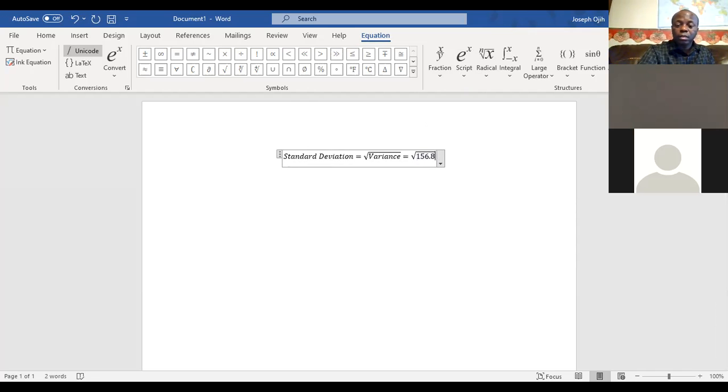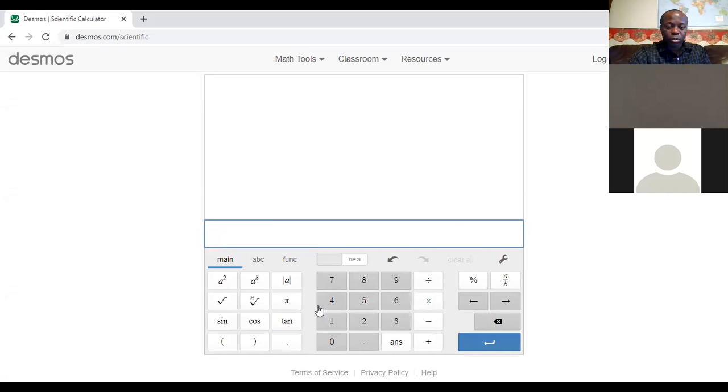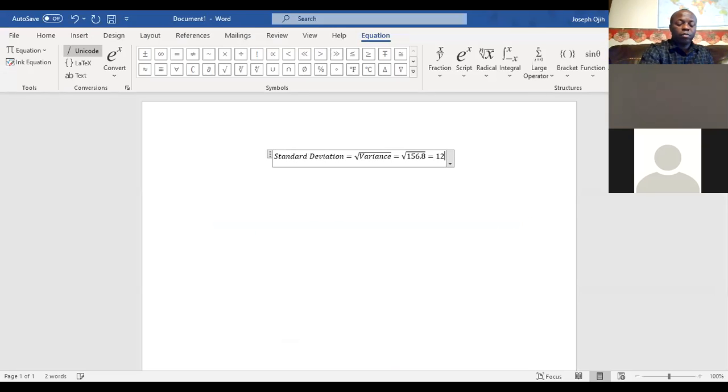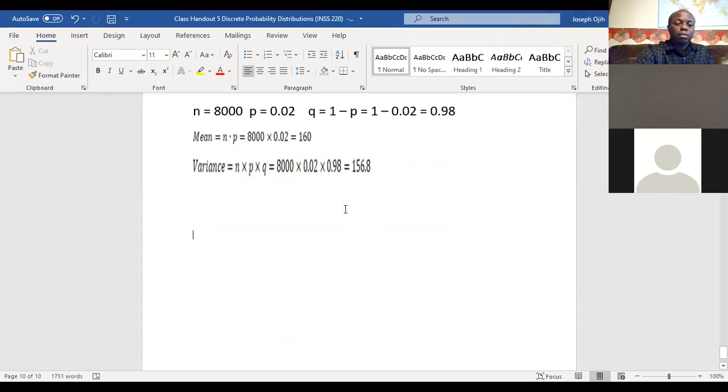We can get it from the Desmos calculator. The square root of 156.8 is 12.5. I'll put it in our main workbook: 12.5.